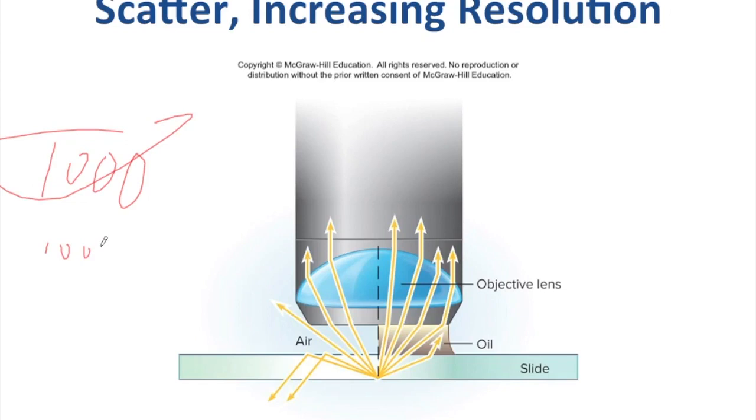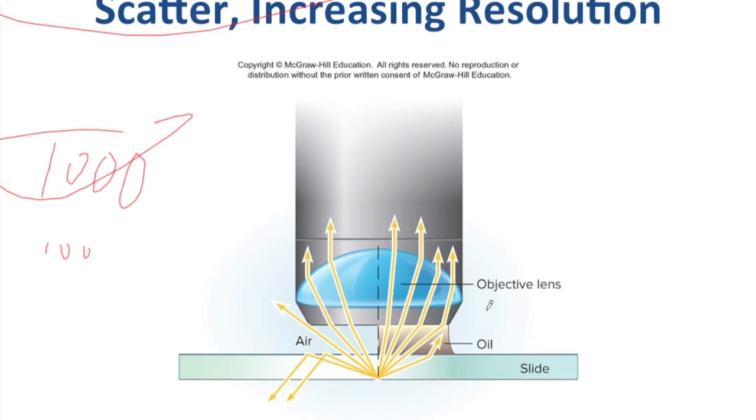When we use the 100 magnification objective lens, we have to use oil. That's why the 100 objective lens is called the oil lens.